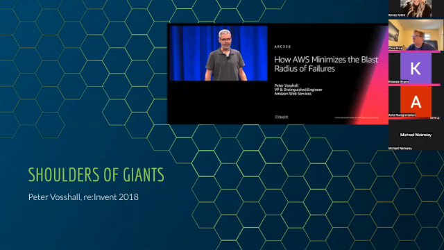One resource that I liked a lot was in 2018 at re:Invent, Peter Vosshall gave a talk about AWS and how they minimized the blast radius of failures that happen inside of the different AWS services. That's among the first times that I'm aware of that people started using this term of cell-based or cellular architecture.